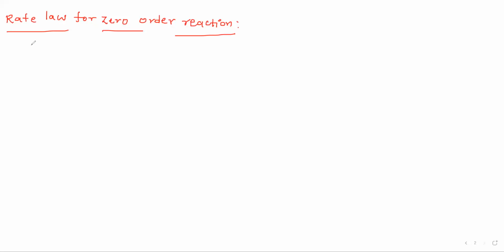Actually, A reactant gives product, whatever it is. So how can we write this rate law? Simple.